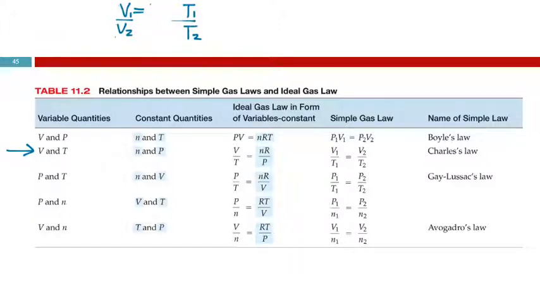So what I do is I cross off all the variables that aren't changing. So what I've got left then is V1 over V2 equals T1 over T2, which does not look exactly like this. But if I rearrange it, it does. If I move these two, V1 over T1 equals V2 over T2.